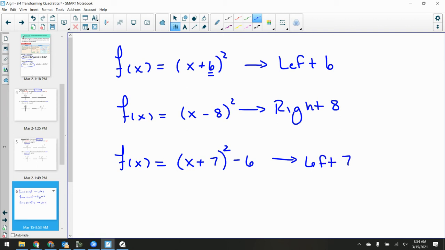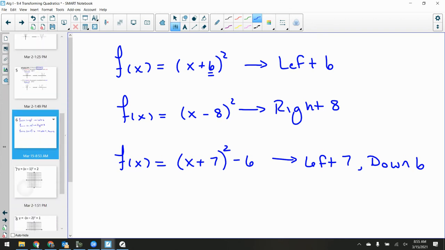Left 7, down 6. See, there were no parentheses on the vertical, right? There were no parentheses. So if it's happening outside the parentheses, that's when it's up or down. Okay.